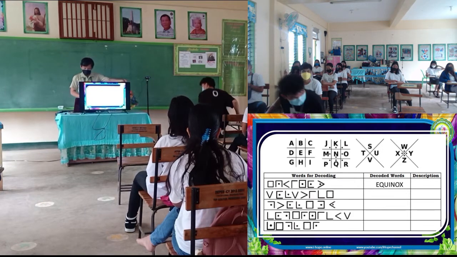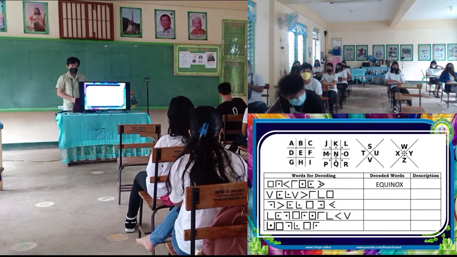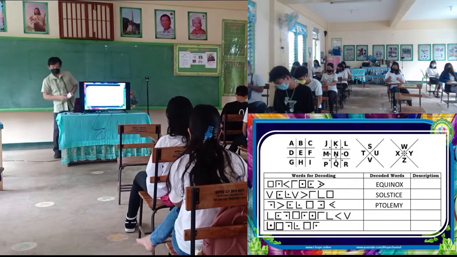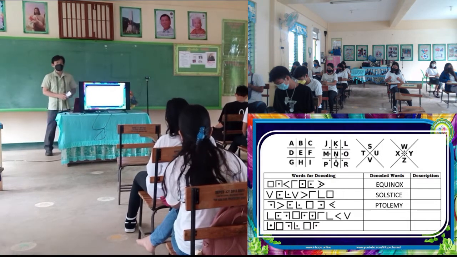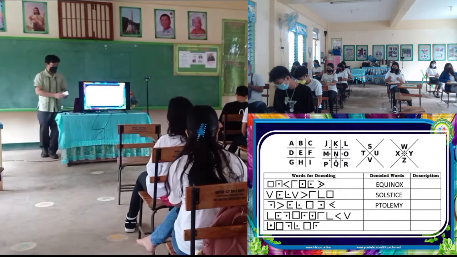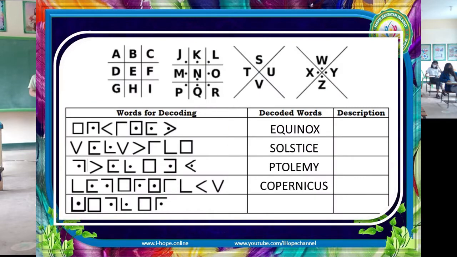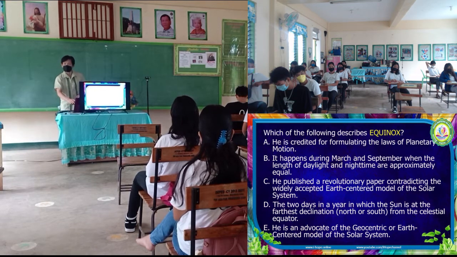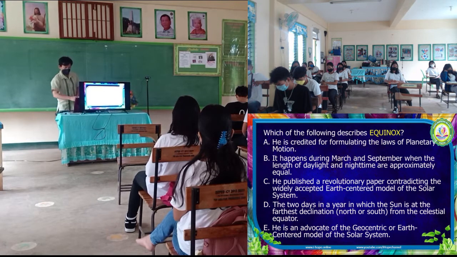Second word is solstice. Third word, Ptolemy. Then fourth word, Copernicus. And the fifth word, Kepler. Okay, so now let's go to the description of each of these words or objects or persons.